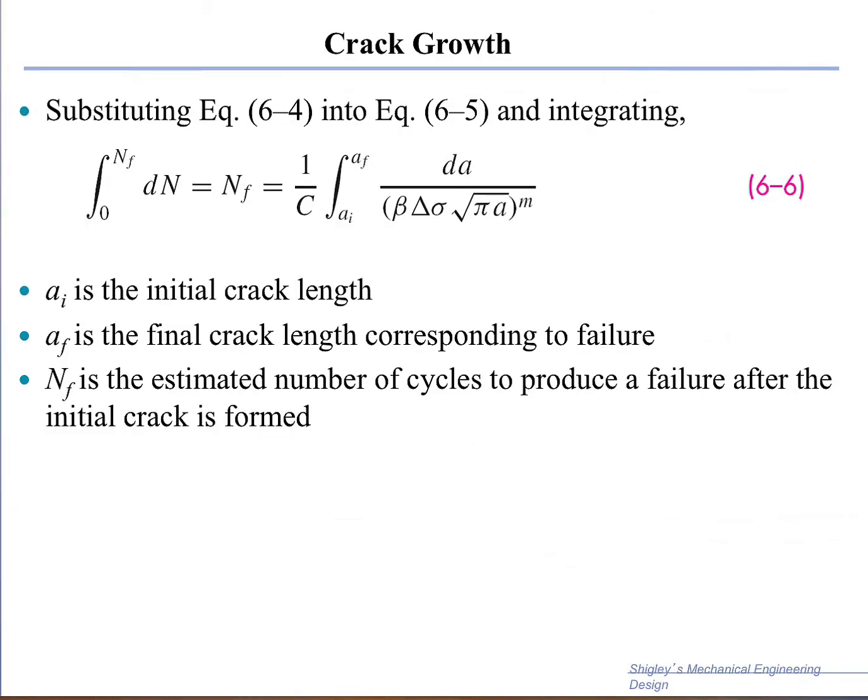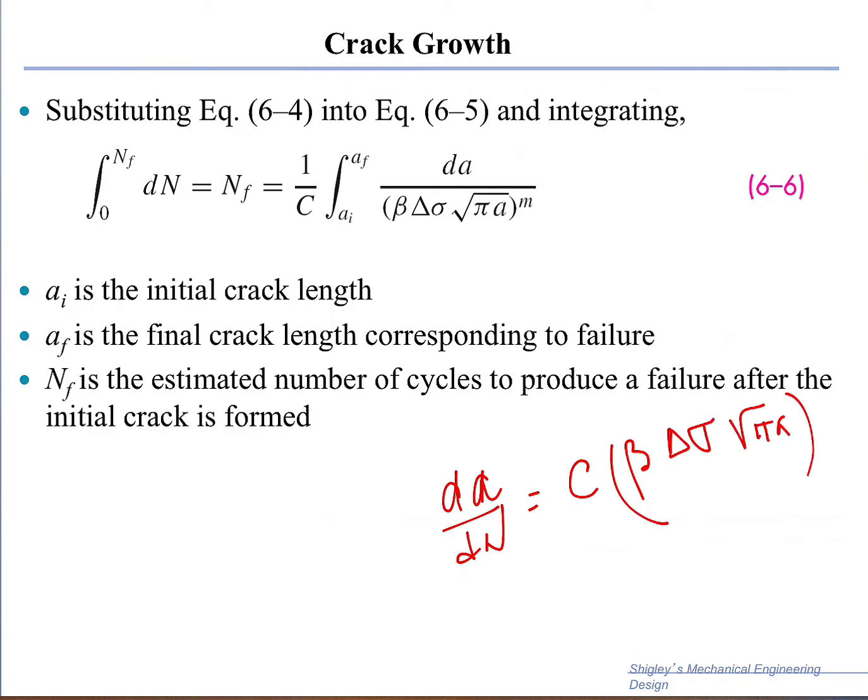And in order for us to determine the lifetime, we integrate. We have dA by dN is equal to C times beta times delta sigma times the square root of pi a, all of this to the power m, because we have Paris law.